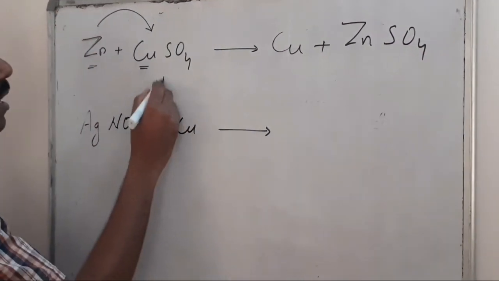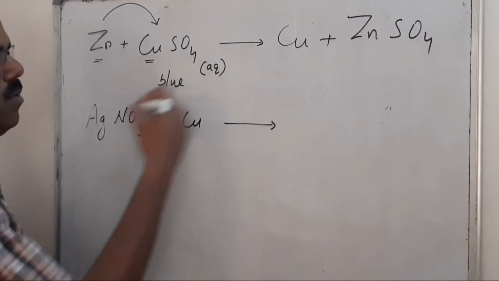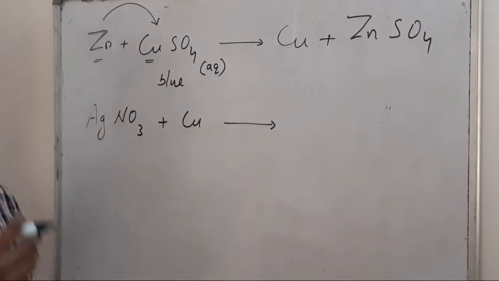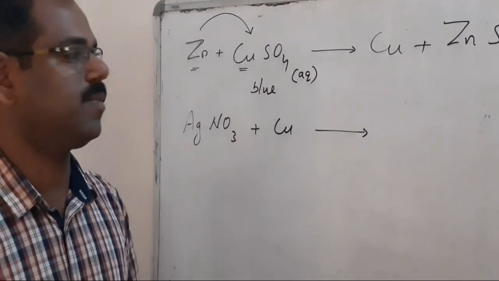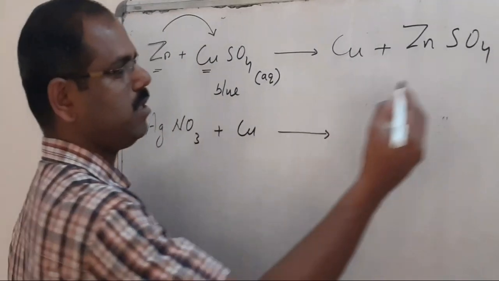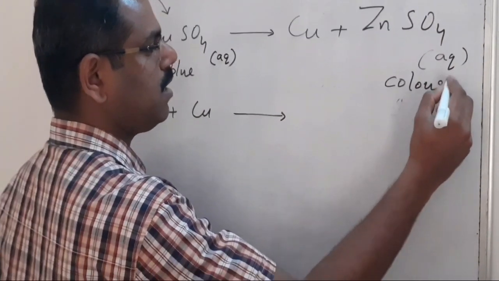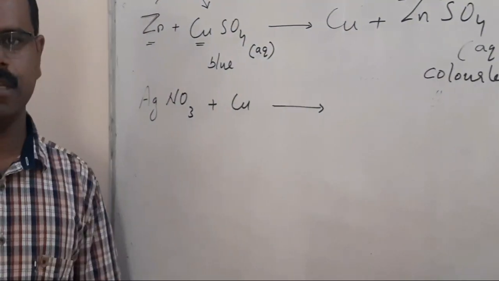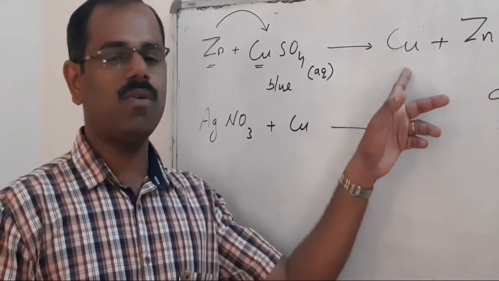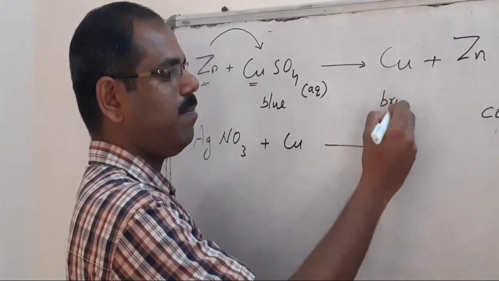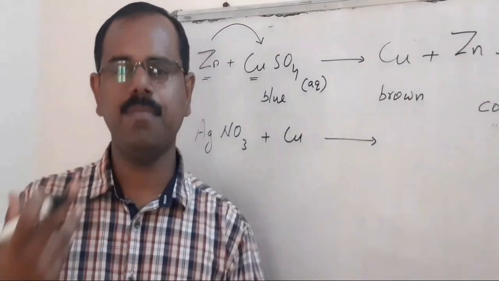Okay, a blue color solution, it is an aqueous solution. Aqueous solution means the salt is dissolved in water. Okay, the blue color aqueous solution changes to a colorless aqueous solution. Zinc sulfate is a colorless solution. As I have already told you, the color of copper is brown. The brown particles of copper appeared.